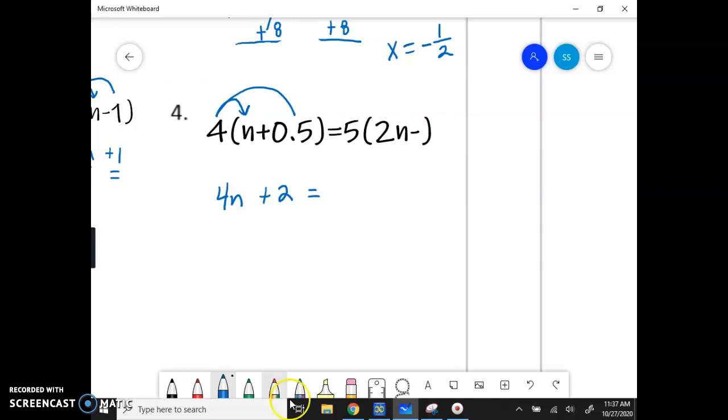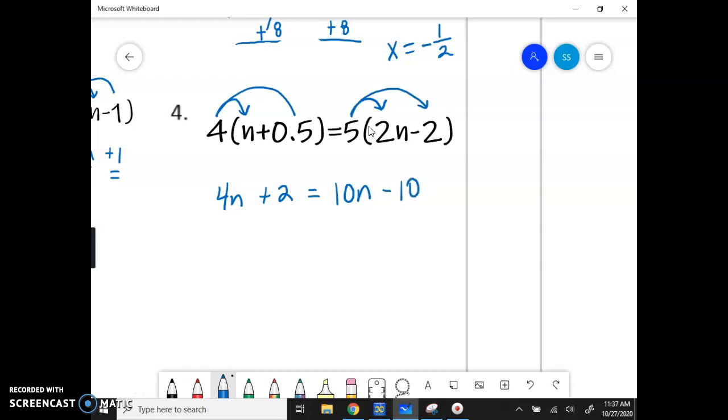Ooh, hold on a second. There we go, just had to add that -2 in there. All right, so now I'm going to go ahead and distribute this 5. So 5 times positive 2n, it's going to equal 10n. And do the second distribution, that's 5 times negative 2, which is negative 10.